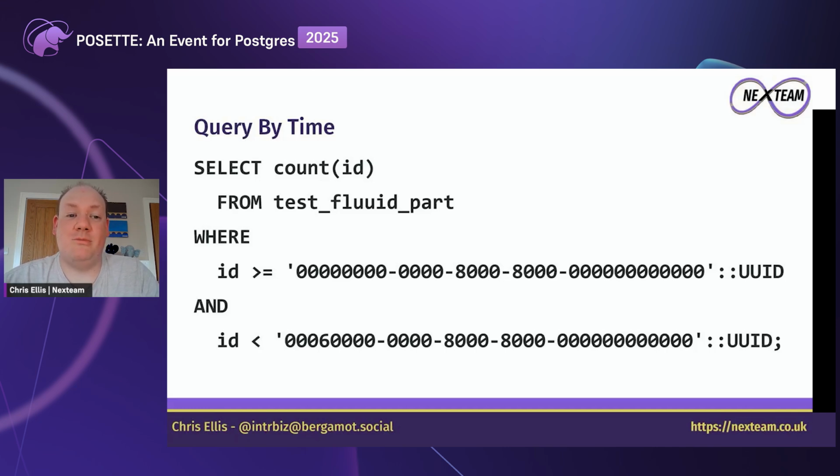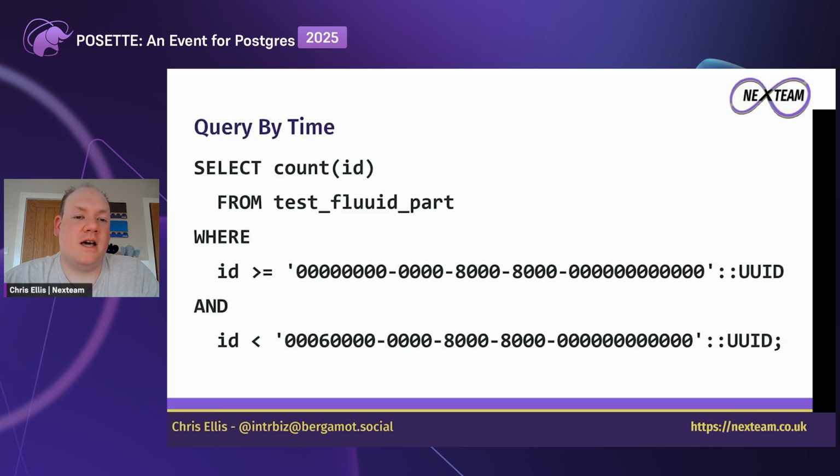They still have order guarantees: a bigger UUID is still bigger than a smaller UUID. That might not seem obvious, but it's still true, so we can use it. This particular query, whilst those UUIDs might be difficult to understand, is querying for a 5-day period from the epoch of these IDs.